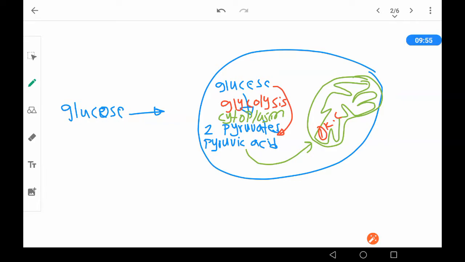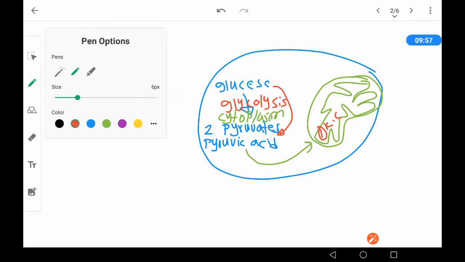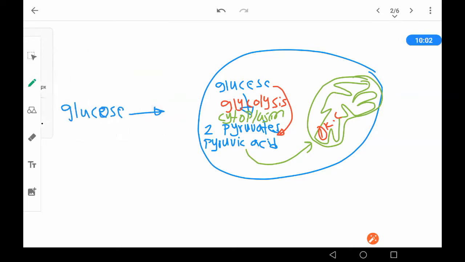The second stage of cellular respiration is the electron transport chain. As you see, I wrote it in the inner membrane, in the cristae, because it takes place inside the cristae.